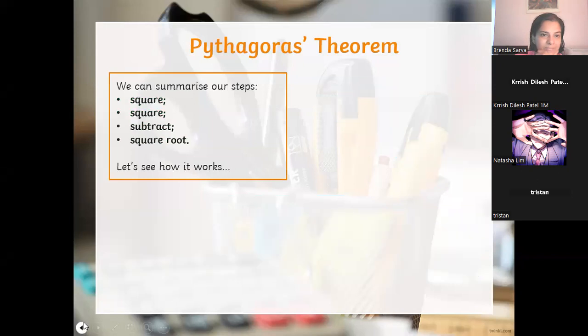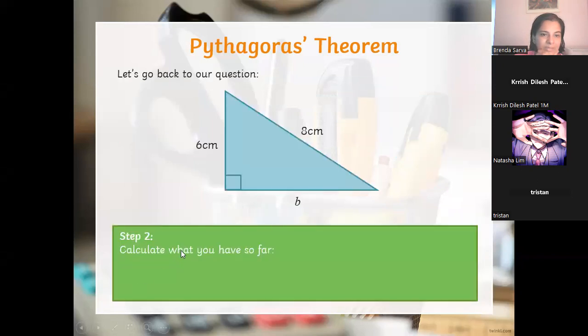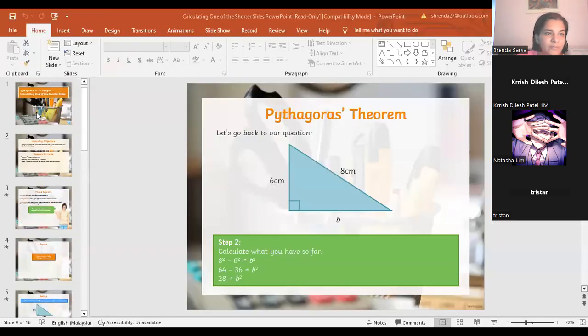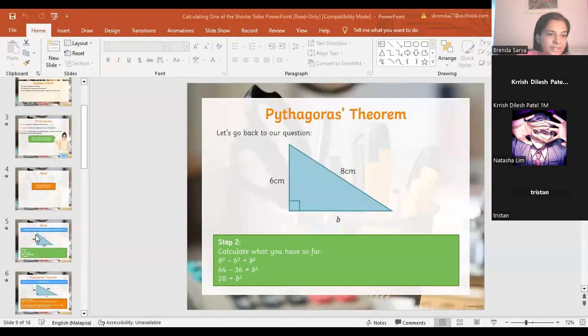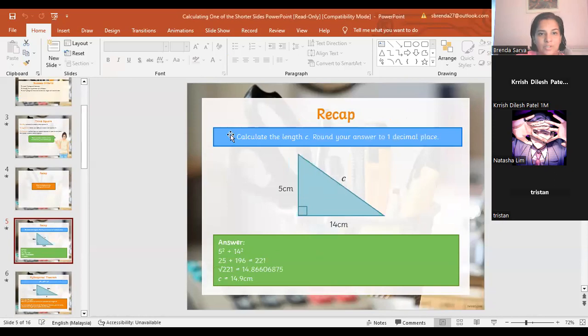So for the sake of the recording, assuming we all know this is the A side and this is the B side, to find the C side, which is the longest, we take A squared plus B squared and you will find C squared.